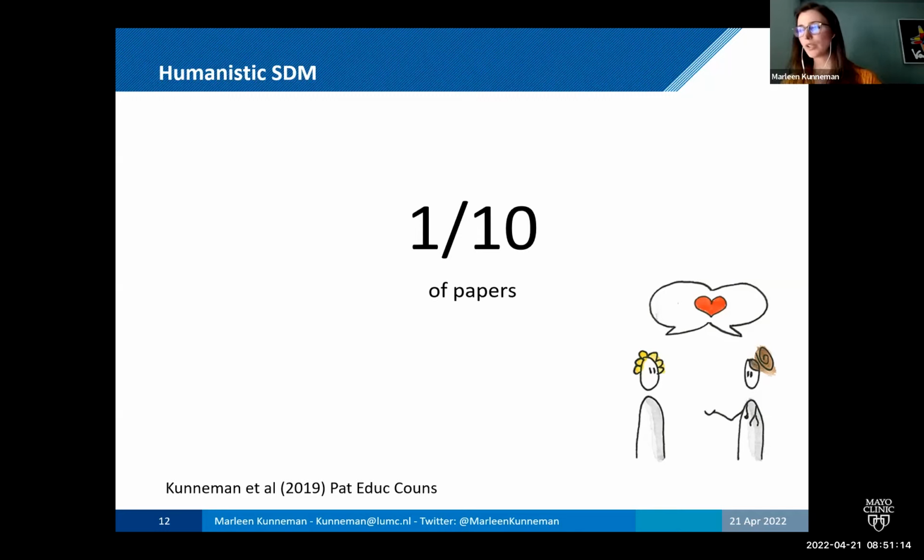This could be in the introduction, this could be in co-measurement, in interpreting the results, but it was in about 1 in 10 papers. In the same study, we also looked at what is actually evaluated when we use shared decision-making measures. And I cannot recall the exact number, but I think it was around 7% of all the items evaluating shared decision-making actually cover some kind of aspect related to humanistic approaches of care.